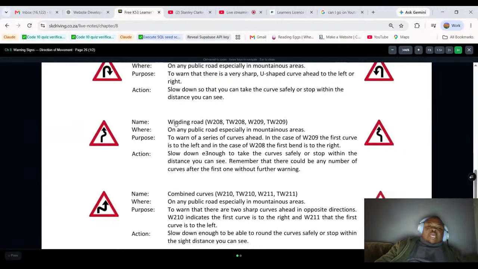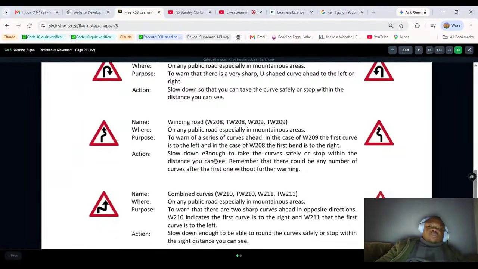And then we have a winding road, and the purpose is to warn you that there's a series of curves ahead. In the first one, the curve is to the left and then to the right, and the second one is the opposite of that.